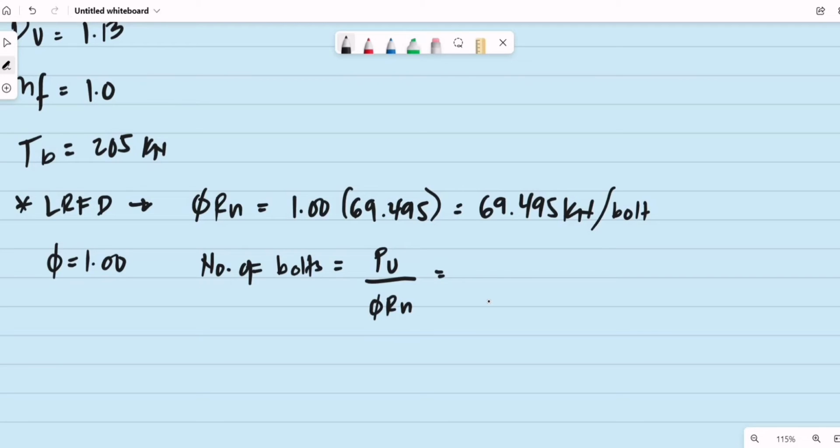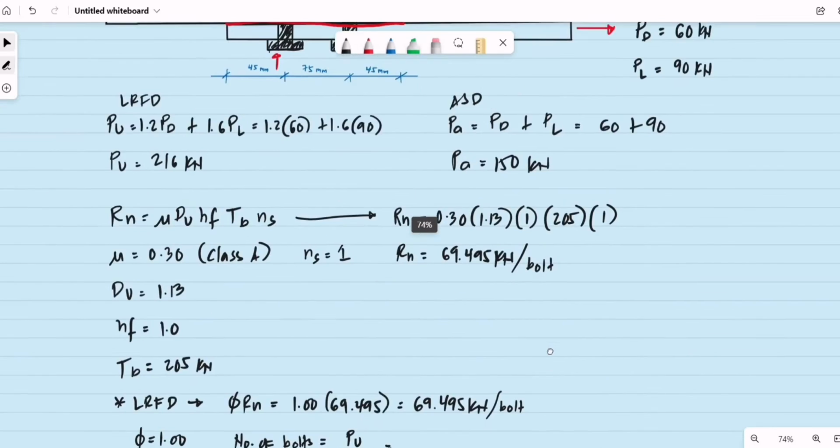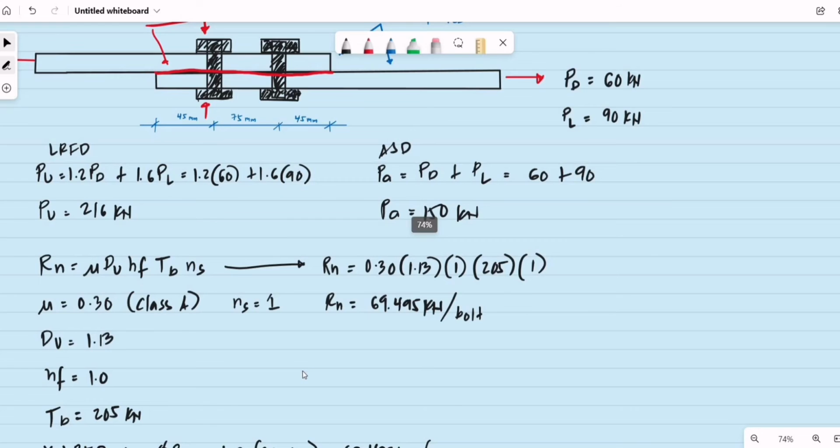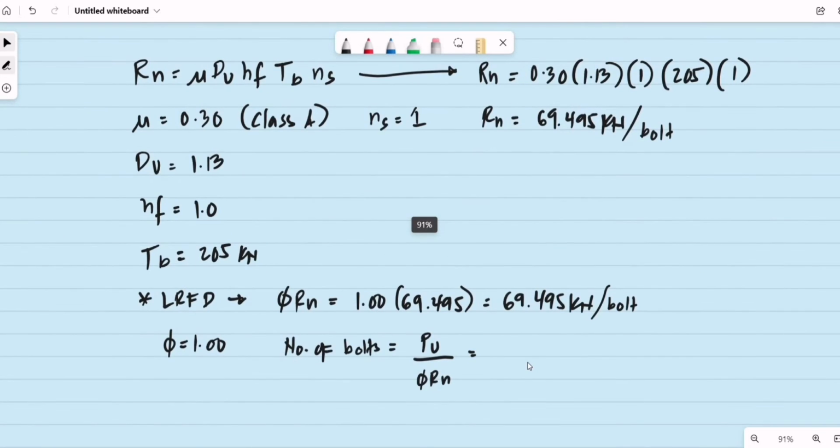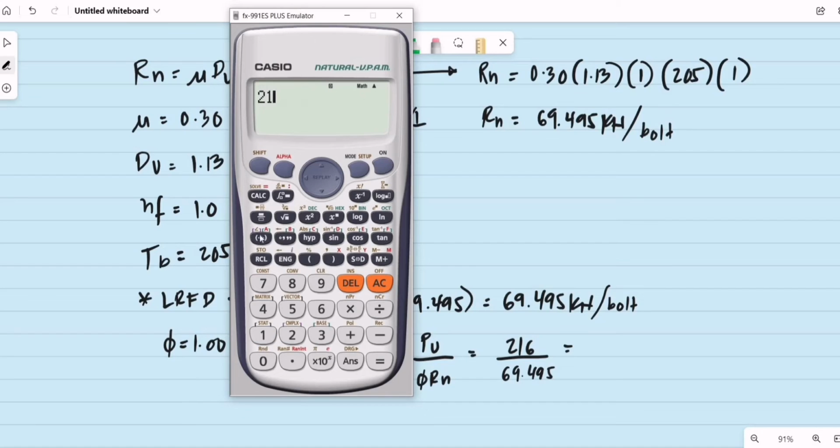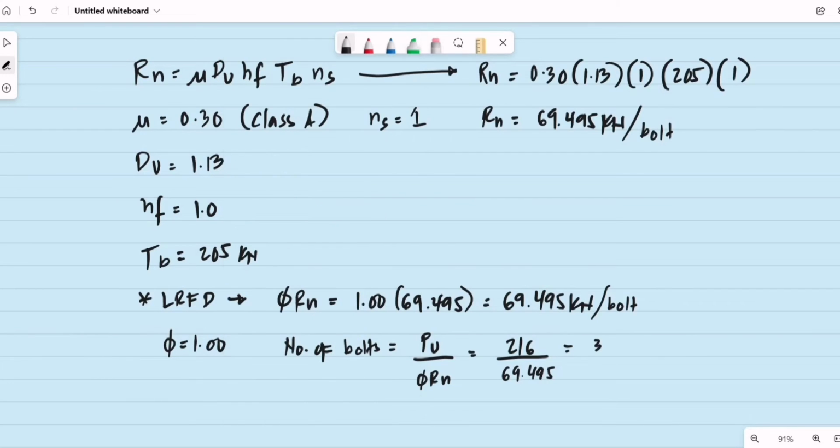So what is our P sub U? Again, a while ago, the value of P sub U is equal to 216 kilonewtons. This is 216 kilonewtons divided by the resistance of 1 bolt, 69.495, and this is equal to 3.11.